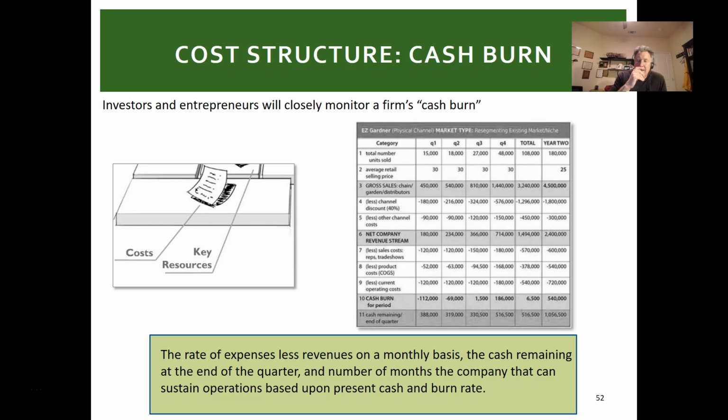Then you get to a point where we call free cash, or as Matt talked about, EBITDA, which is earnings before, I do believe, interest and taxes. And what you also look at is what you have in the bank, and then you're looking at your spend for the period.